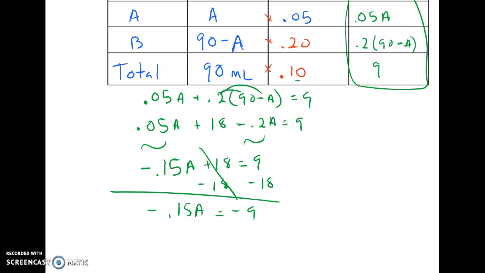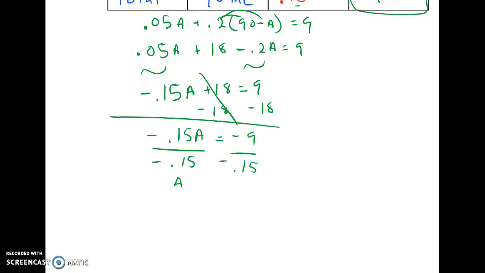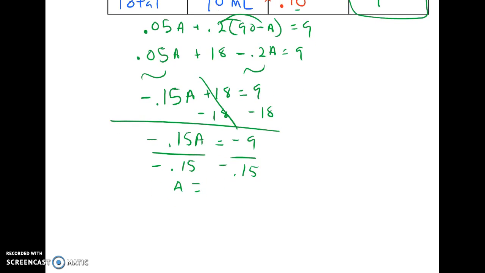Is equal to negative 9. Divide both sides by negative 0.15. In this case, you know that a negative divided by a negative will be positive. So A is equal to 60.